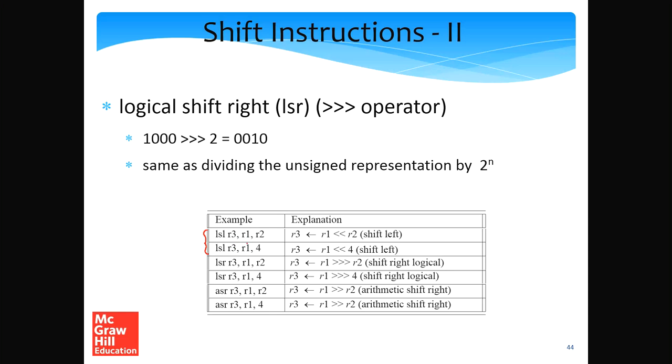The first source operand is a register, and the second source operand can either be a register or an immediate, reg/imm, and the name of the instruction is LSL, logical shift left. Similarly, we have a logical shift right operator, which is called LSR, exactly the same notation. And we have an arithmetic shift right operator, which is called ASR.